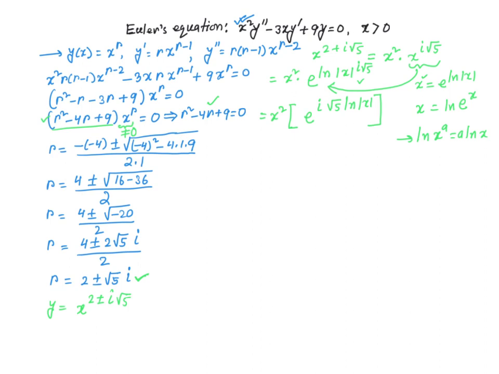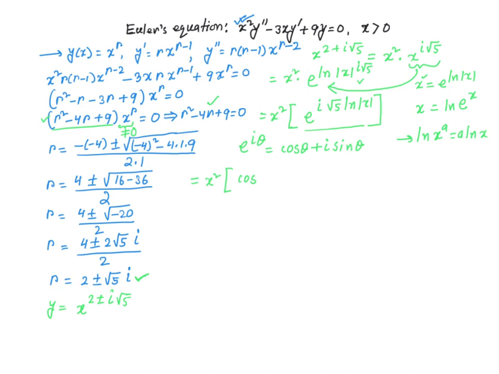Now, let me remind you here of another formula that you have seen before. e to the power i theta is equal to cosine of theta plus i sine of theta. By using that, I'm going to simplify it. So it's going to be x squared times cosine of theta.